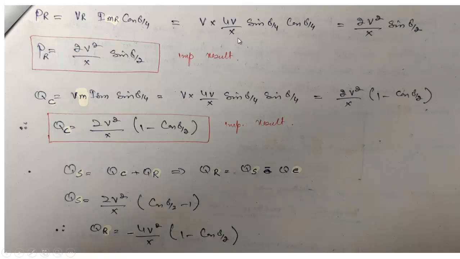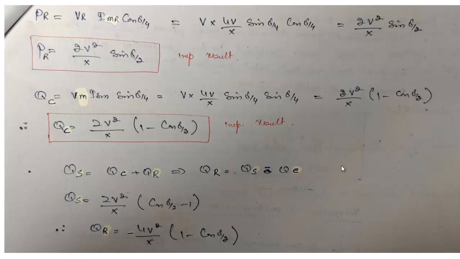So putting the value of IMR, 4V by x sin of delta by 4, and cos of delta by 4, that is the power factor, it comes out to be twice V square by x sin of delta by 2. So PR in this case will be equal to twice V square by x sin of delta by 2. This is how the real power transfer has changed from the earlier case.